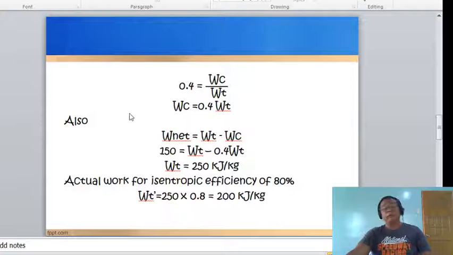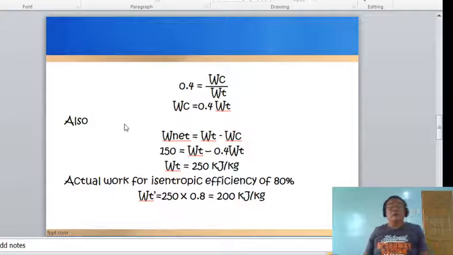We need this, class, for our solution to be complete with an equation, because we have two unknowns here. Substituting values again, 150, the net work, equals W_T minus 0.4 W_T. So the turbine work now is 250 kilojoules per kilogram.